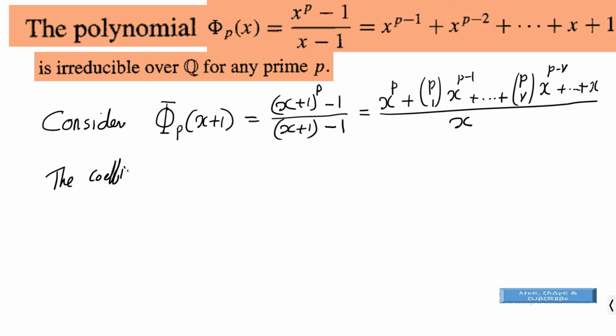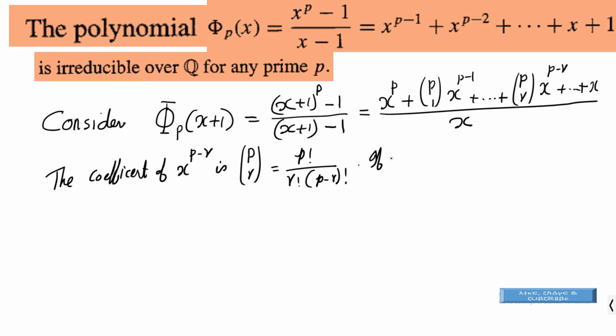So we have the coefficient of x raised to p minus r is p choose r, which is equal to p factorial by r factorial into p minus r factorial. So if you want to look at the coefficients in the numerator except for the first term, let us choose 0 less than r less than p, then clearly you are considering all coefficients except the first term.